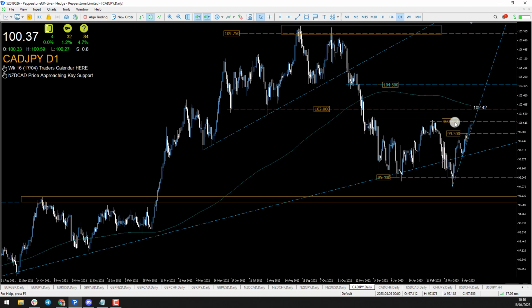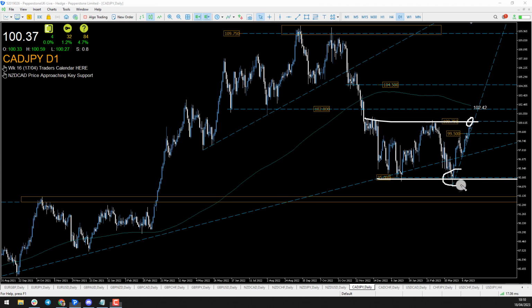Price is now on the other side of the range that we discussed, between 100.75 and this 95 area, and price is now approaching the range highs again.